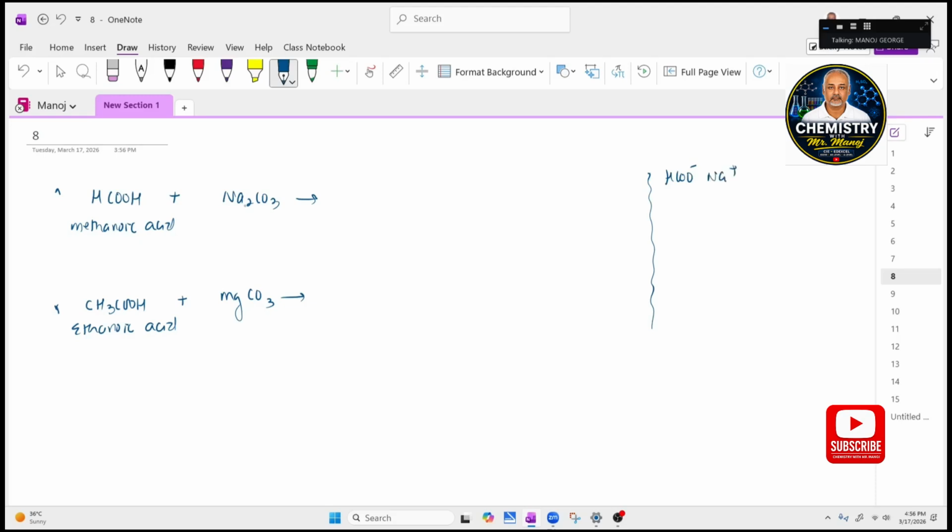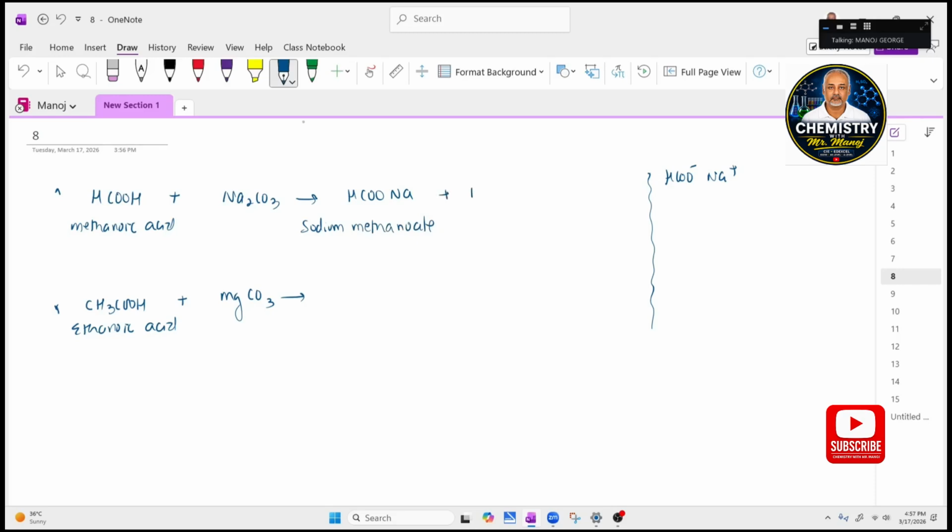So how do I get the formula of the salt? Remember, the negative ion must come first, not the positive. Guys, please be careful. If you write the sodium first, the teacher will give you 0 straight away. So that's the salt here, correct? This is sodium methanoate. So this is the only challenging part.